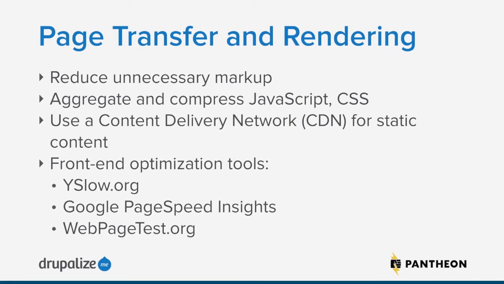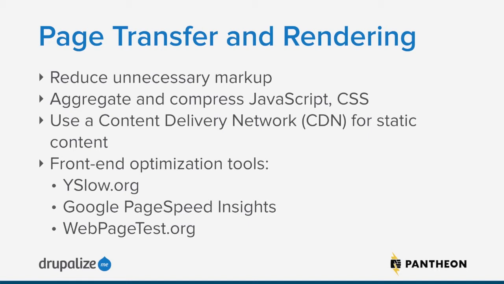Server build time is not the only consideration. After a response has been built by Drupal, it still needs to be transferred and rendered in the browser. So reducing any unnecessary markup, aggregating and compressing JavaScript and CSS, using things like a CDN to make sure that your static content gets served faster, all of those things are super useful.